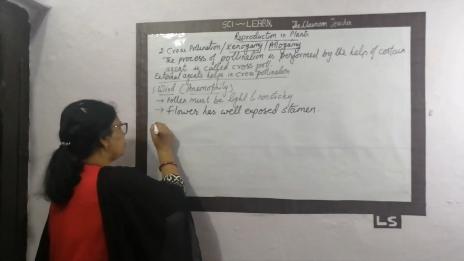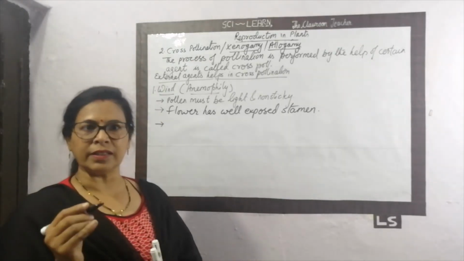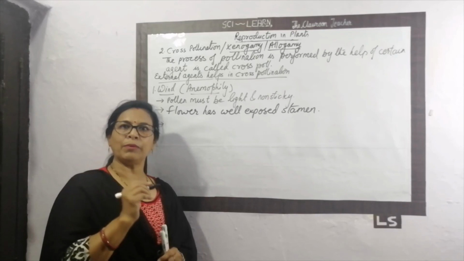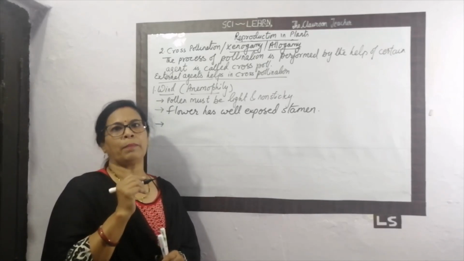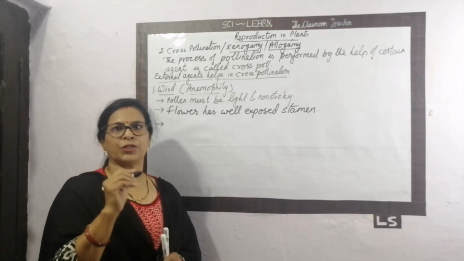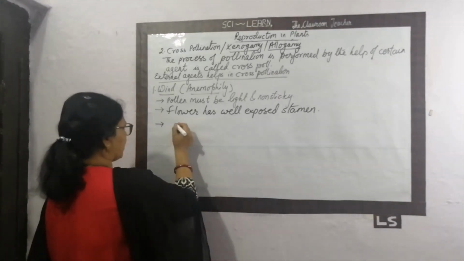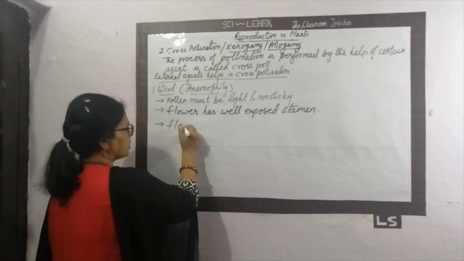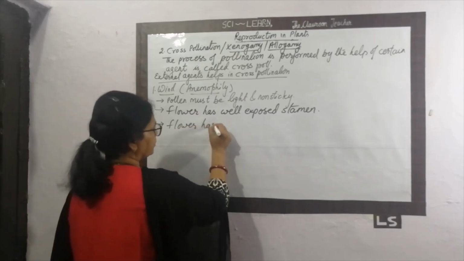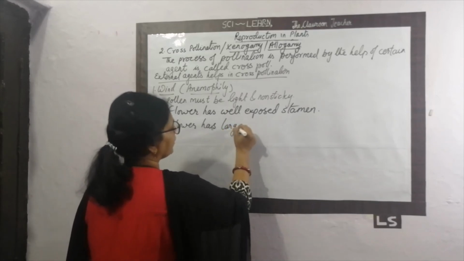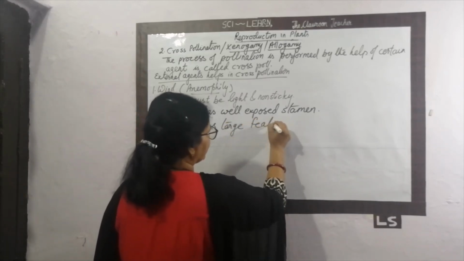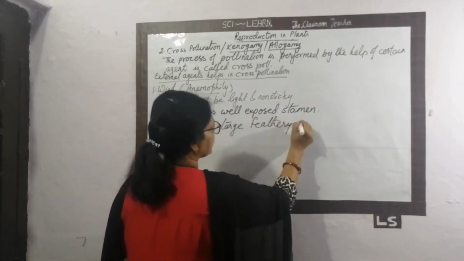So what is the third peculiarity present in this type of flower? The female part, that is called the stigma. The stigma is large and feathery. Feathery means like a wing.